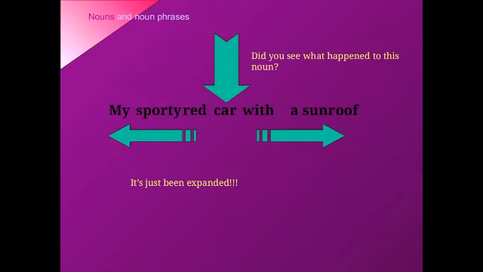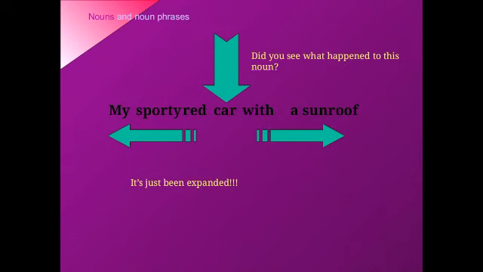What is the noun in this phrase? Correct. Car. How is it being expanded? It's been expanded using the words my spotty red car with a sunroof. So the car is being described as my spotty red car with a sunroof.